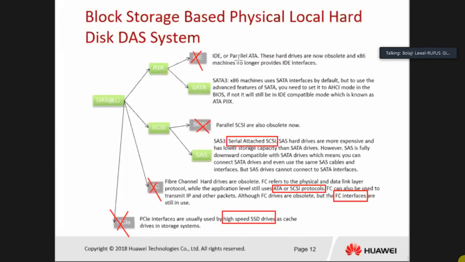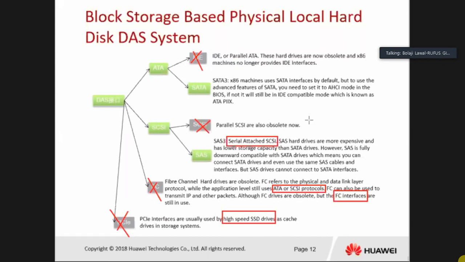In place of PATA, we now have SATA. SATA 3 on x86, which is the Windows architecture design for hardware and operating system, uses the SATA interface by default.